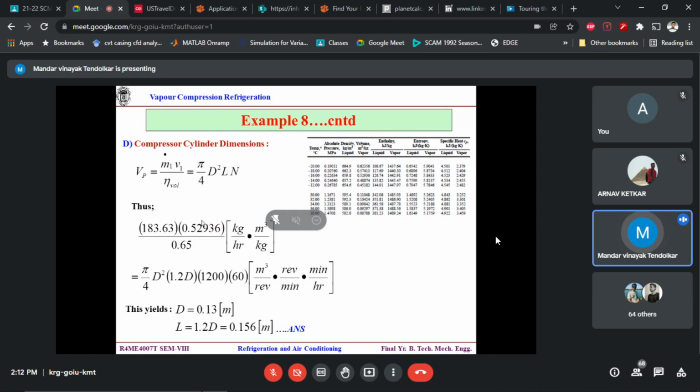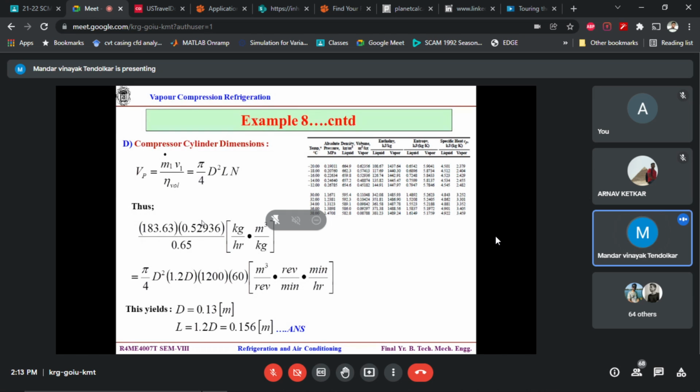Okay, m dot you have calculated, V1 taken from the table as the saturated gas specific volume, saturated vapor. Volumetric efficiency given to you, that is equal to pi by 4 into d square into internal relation known, so 1.2d. Then N, that is your speed, so 1200 rpm, convert per minute to whatever convenient.